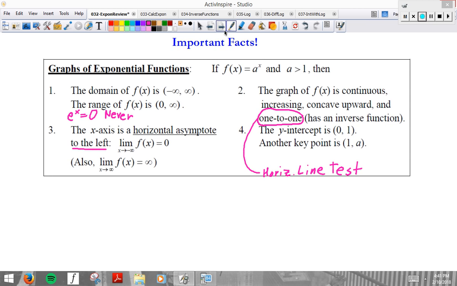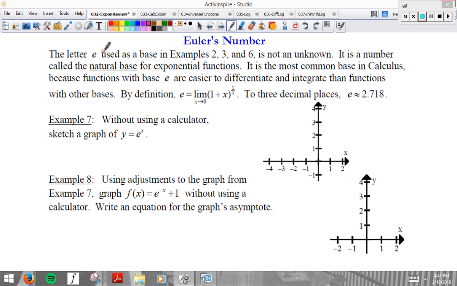Okay, last things last. All right, Euler's number, just to get situated. You're going to be asked to do a lot of stuff with e. e is the most common base in calculus, by far. You will see tomorrow, or whenever you watch this next video, functions with base e are much easier to differentiate and integrate.